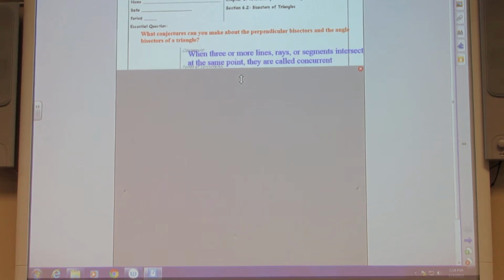In this case, when three or more lines, rays, or segments intersect at the same point, they are called concurrent, which is what our definition says. So I'm looking for one point that shares three lines, rays, or segments. So it's where they're intersecting.